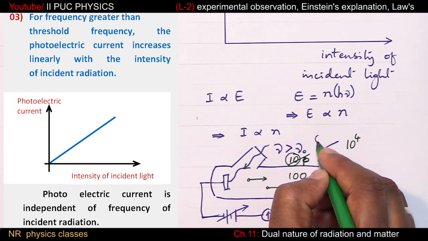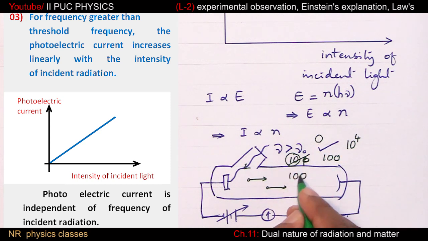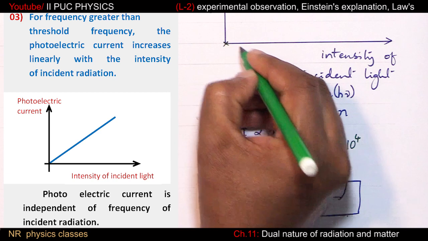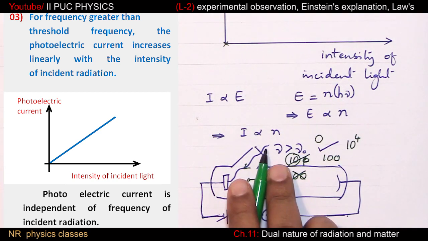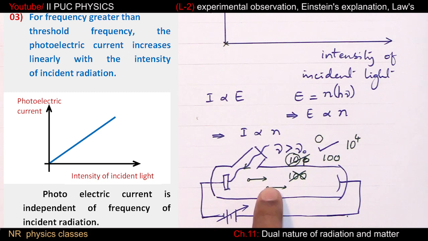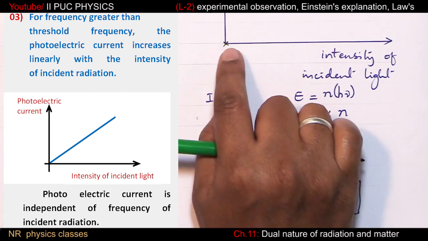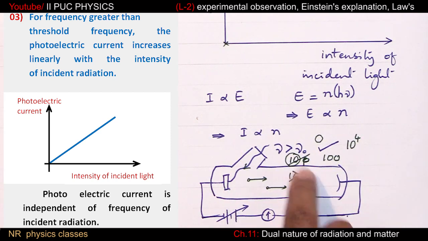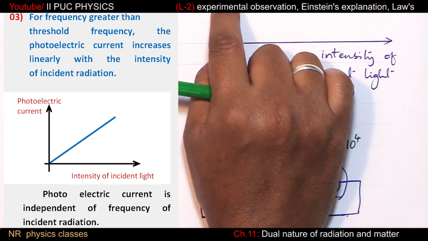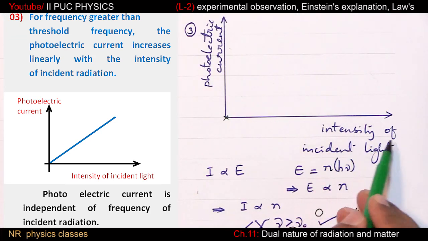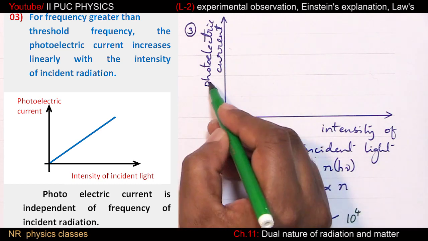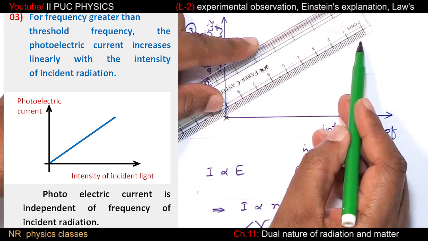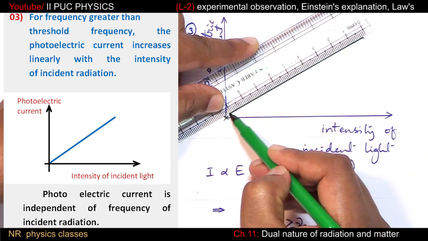Suppose no photon is falling, 0 photon, then there is no question of emission of any electron. 0 photon, 0 electron means origin. With the increase in number of photons, electrons also increase. If number of photons is doubled, number of electrons also gets doubled, which increases photoelectric current. Therefore, graph of intensity of incident light and photoelectric current is a straight line passing through the origin.